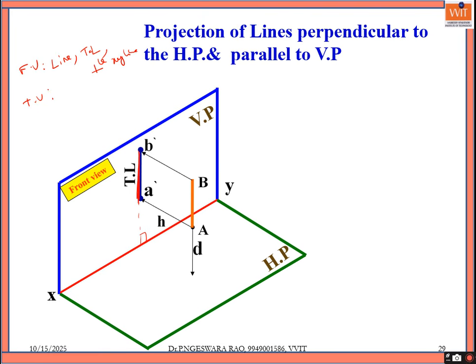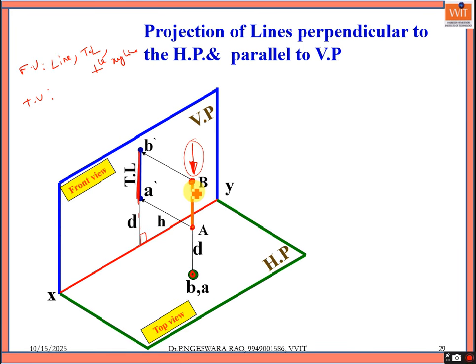Next, in this case the top view will be a point. When I observe from the top, both point B as well as A will coincide here. The B point and the A point coincide with each other and fall as a point. But when you observe from the top, we can see only the B point.